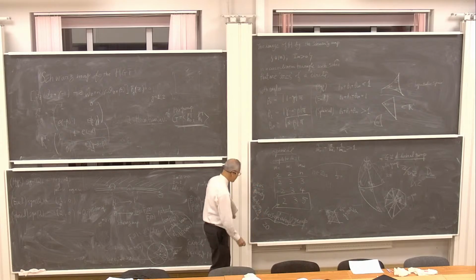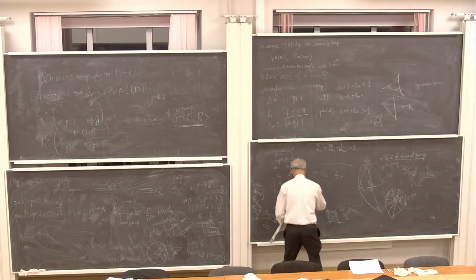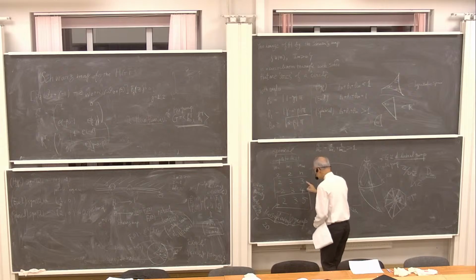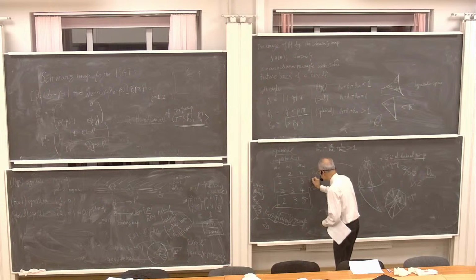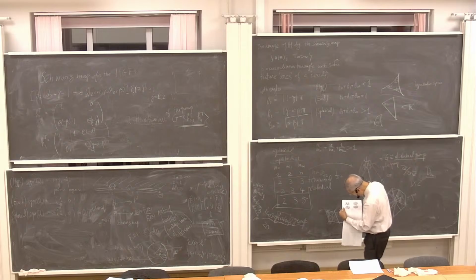Icosahedral, and this is octahedral. Octahedral, that's 8 faces. And this is tetrahedral, 4. Two, 3, 3, tetrahedral.